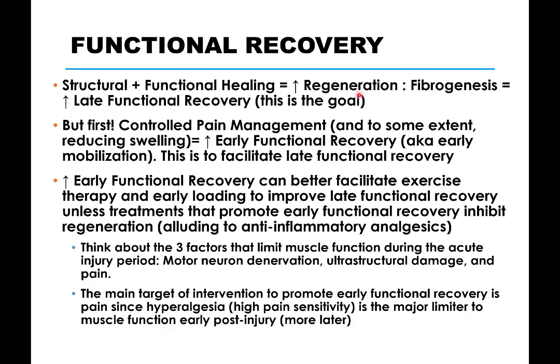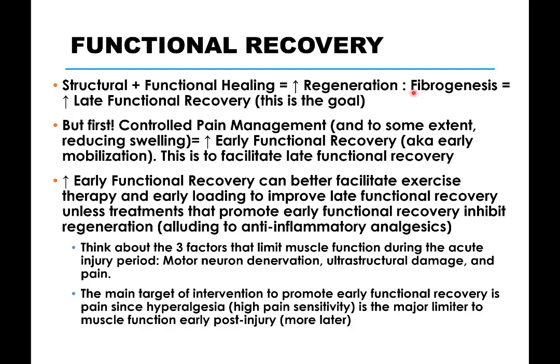So because regeneration and fibrogenesis/scar tissue formation are normal processes following an injury, the ultimate goal post-injury is to improve the regeneration to scar tissue formation ratio. We want to have more regeneration than scar tissue formation to achieve quality healing that is both structural and functional through the reconstruction of muscle.